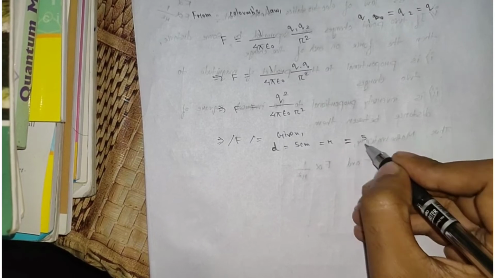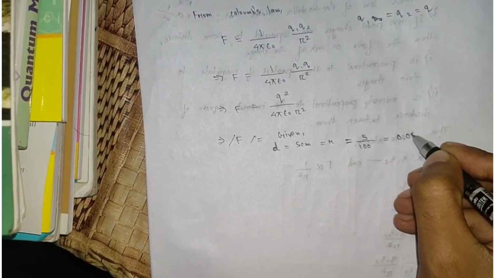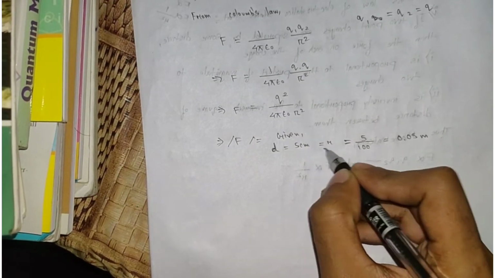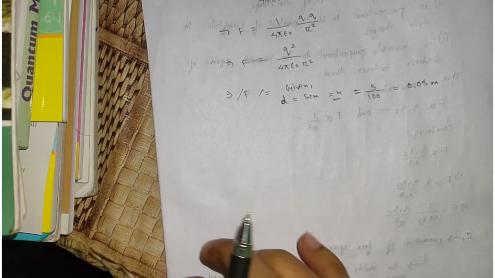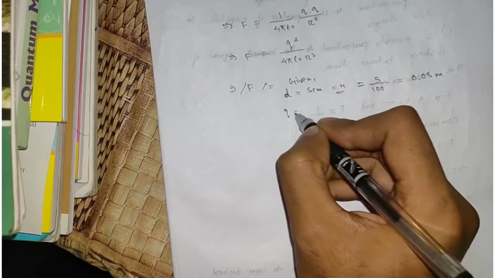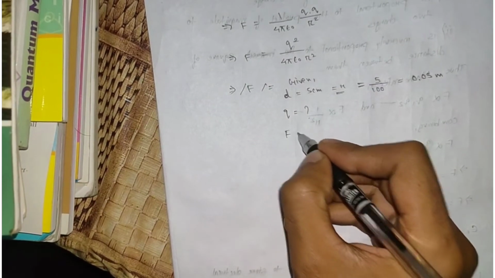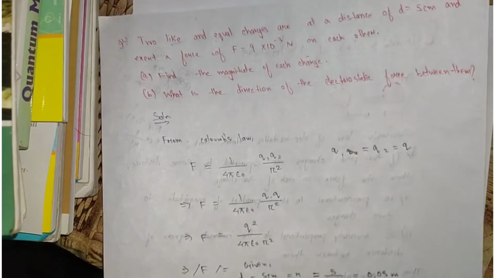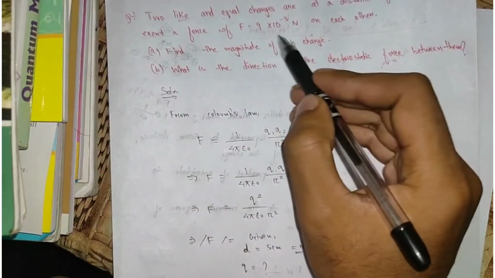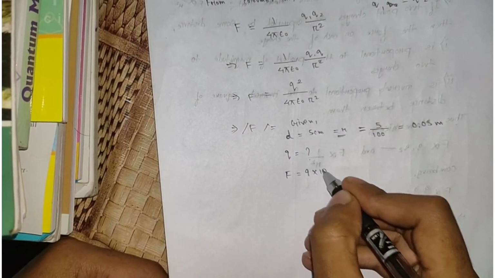So we'll just divide it by 100, and we get 0.05 meter. This is our distance, 0.05 meter. We do not have the value of q, we have to find q. And the force is given, 9 into 10 to the power minus 3 Newton.